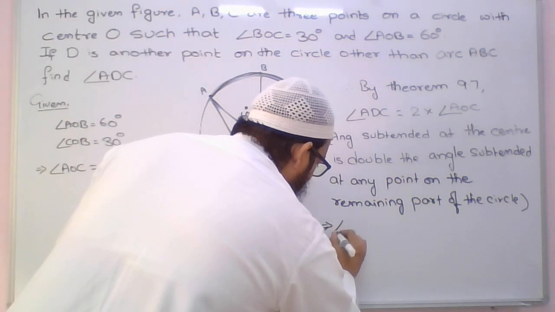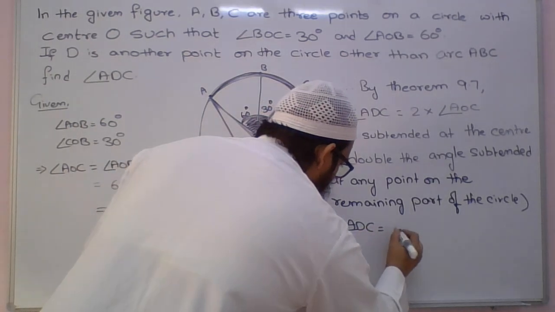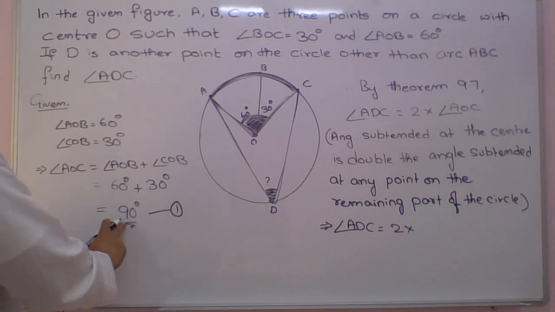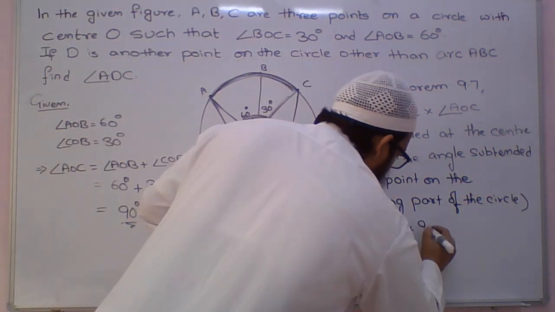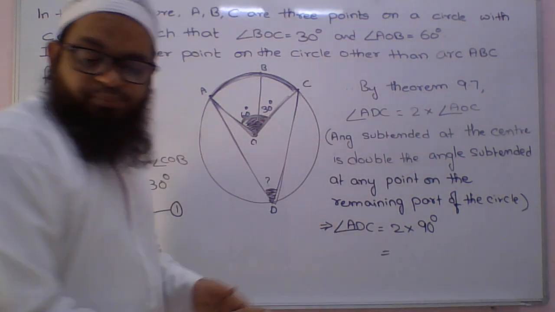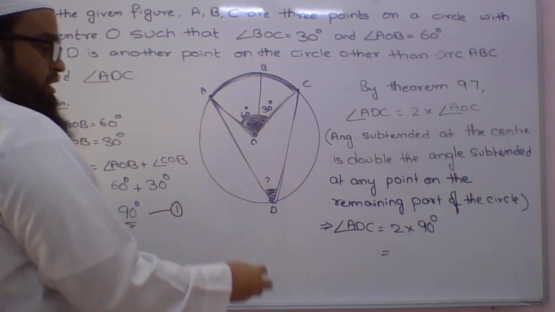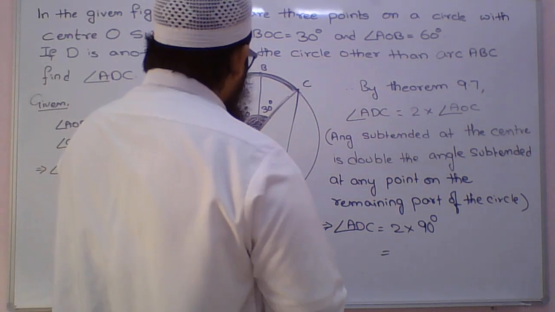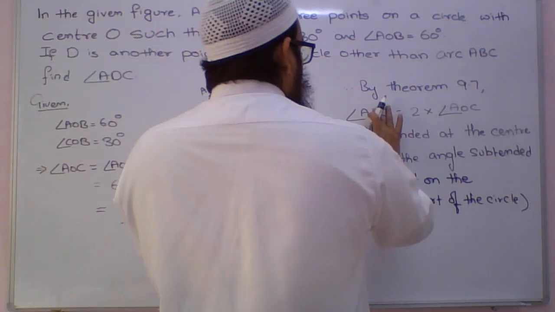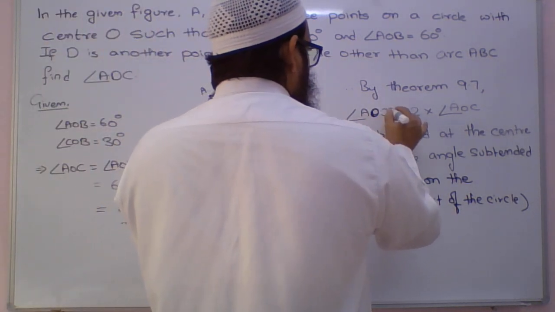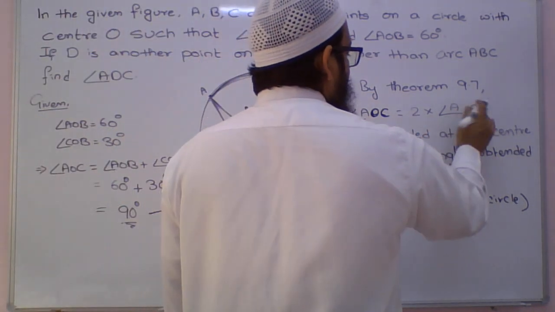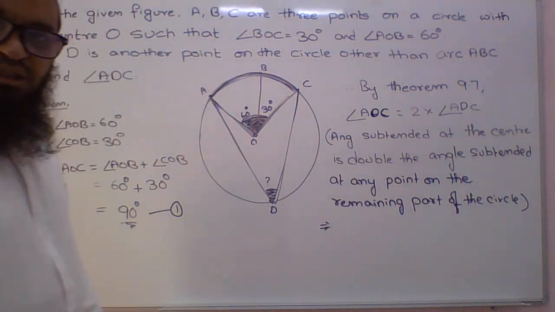Sorry, I have written it wrong. The angle subtended at the center is twice the angle subtended at any other point on the circle.